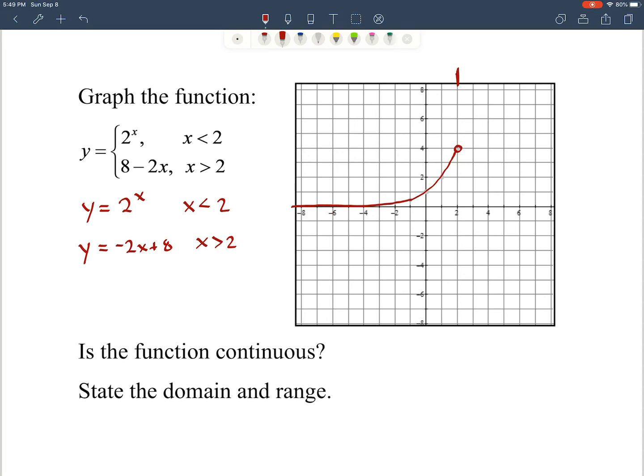Now the second part of the graph is negative 2x plus 8. So I'm going to get my pencil back out, and I'm going to start at positive 8 on the y-axis, our y-intercept. Now remember, these points won't exist because they're on the other side of the transition point. But we'll go down 2, right 1, down 2, right 1. Oh, and we'll hit that point that our other graph started at, but we're still going down 2 over 1, down 2 over 1, down 2 over 1.